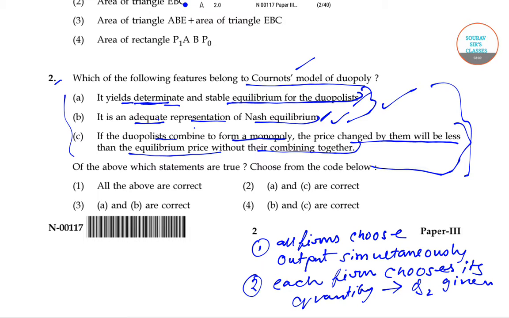So first of all, it is a determinate and stable equilibrium for duopolist. So this is right, and its adequate representation is Nash equilibrium, which is also correct.